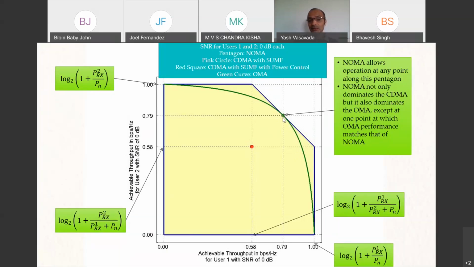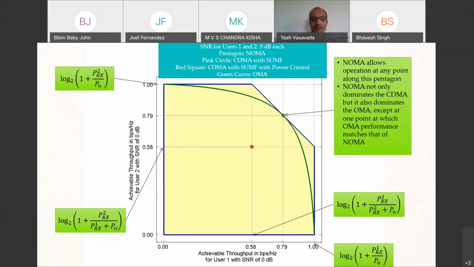Except if you make alpha equal to 0.5, then the OMA and NOMA will give you the identical performance. But for all other values of alpha, it is better to go with NOMA. Okay, this is the case when the signals are equally powered.